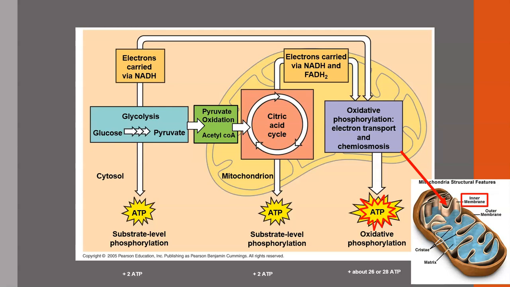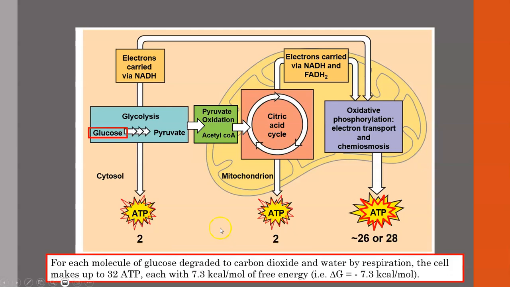And so for oxidative phosphorylation, we're going to get a huge payout here of ATP, about 26 or 28 ATP, compared to the 2 from glycolysis and the 2 from the citric acid cycle. That's a lot of ATP. So in total, for one glucose molecule that feeds the whole process here, there could be up to 32 ATP made.